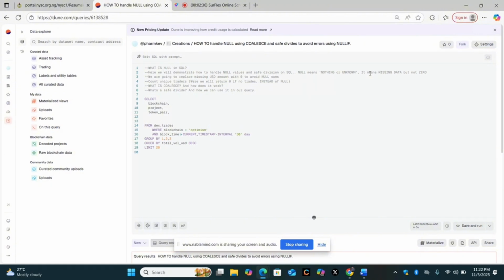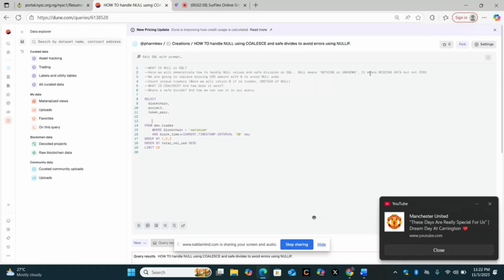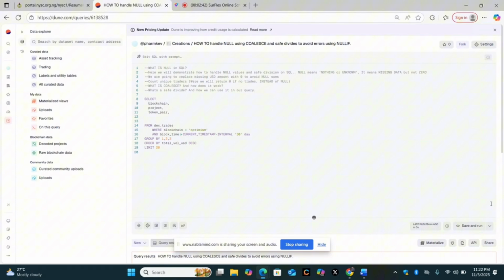So 1 plus 0 is 1. 1 plus 2 plus 0 is 3. Zero is a figure. We're also going to know what COALESCE is and how it works.